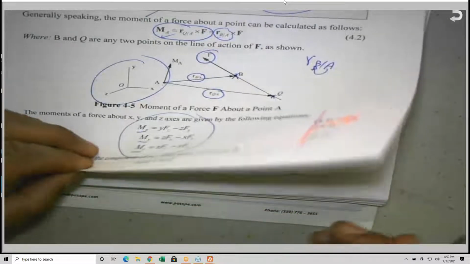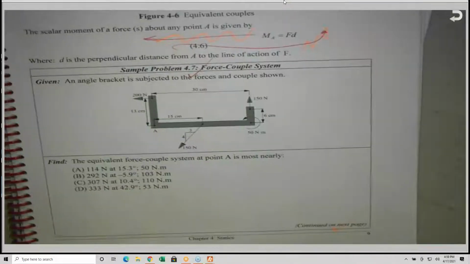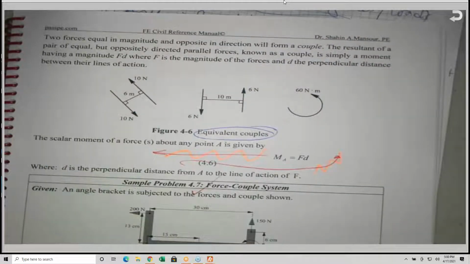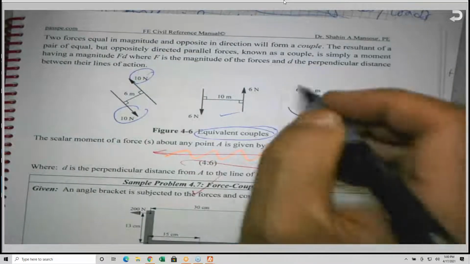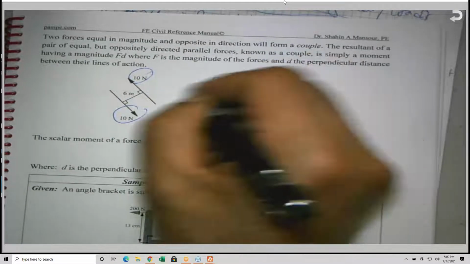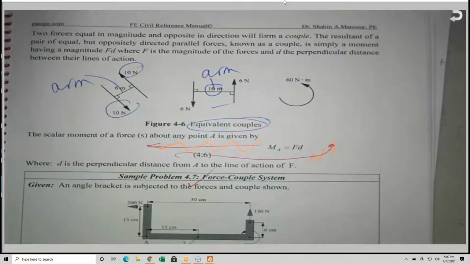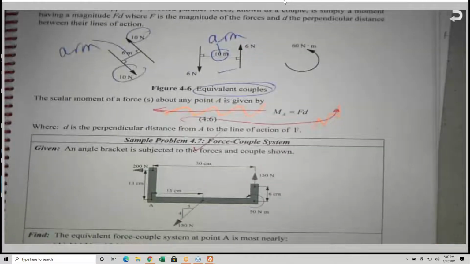So 3D is a little bit difficult, but we need to be familiar with it just in case. This is to illustrate two forces of equal magnitude and opposite direction. Don't forget that the arm should be the perpendicular distance between the force and the point, or between the two forces.